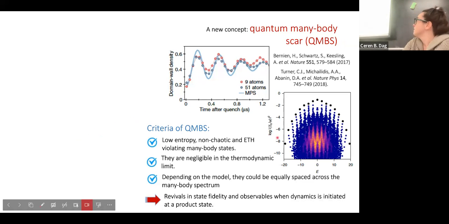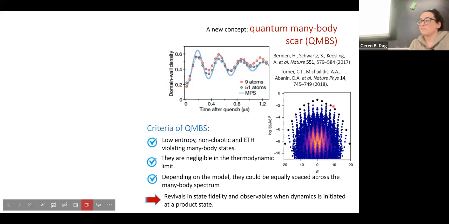Laser pointer. Great. So the origin of these oscillations turns out to be many-body quantum states embedded in the bulk of the spectrum. These states, for example these black states that you see here, are low entropy, non-chaotic, ETH-violating many-body states.